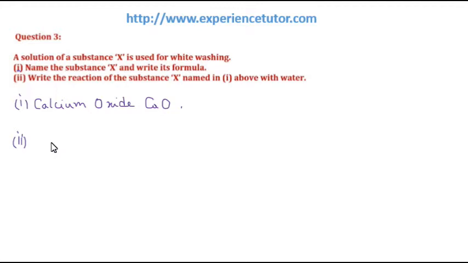Now calcium oxide reacts vigorously with water to form calcium hydroxide or slaked lime. The reaction may be written as CaO plus H2O will give Ca(OH)2.